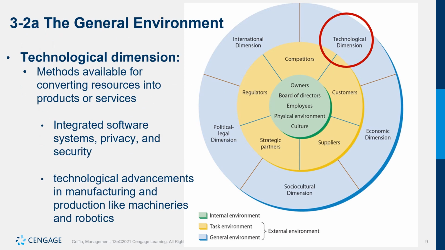The technological dimension considers methods available for converting resources into products or services. These may include integrated software systems, privacy and security issues, and also technological advancements in manufacturing and production like machineries and robotics.